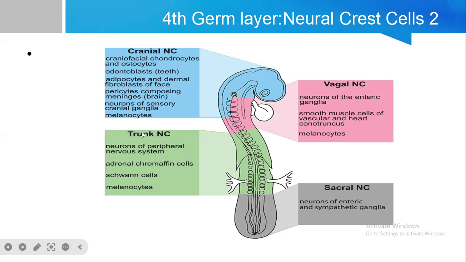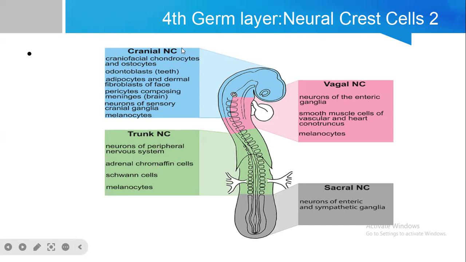So notice for the truncal neural crest cells, those that take the dorsal pathway will form melanocytes. Then the rest, for either the nervous system or the enteric nervous system, adrenal medulla, and the Schwann cells, those cells are going to be the ones that take the ventral, what? The ventral pathway.